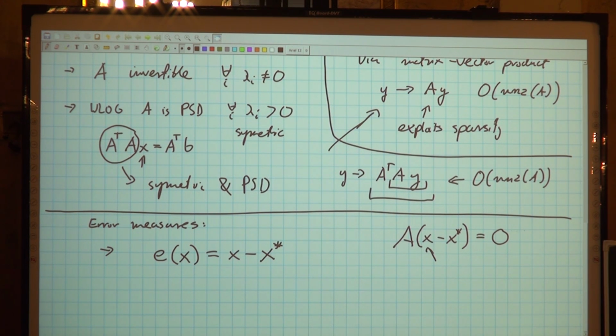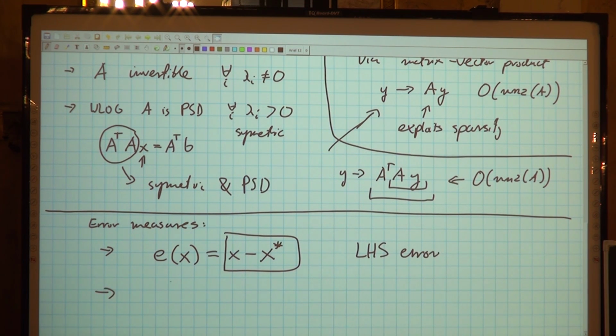So now there are two ways I can measure this, so this is essentially the error. This just tells me how much I differ from the optimal solution. When I look at the solution space and ask how close I am to the solution space, this is the left-hand side error.